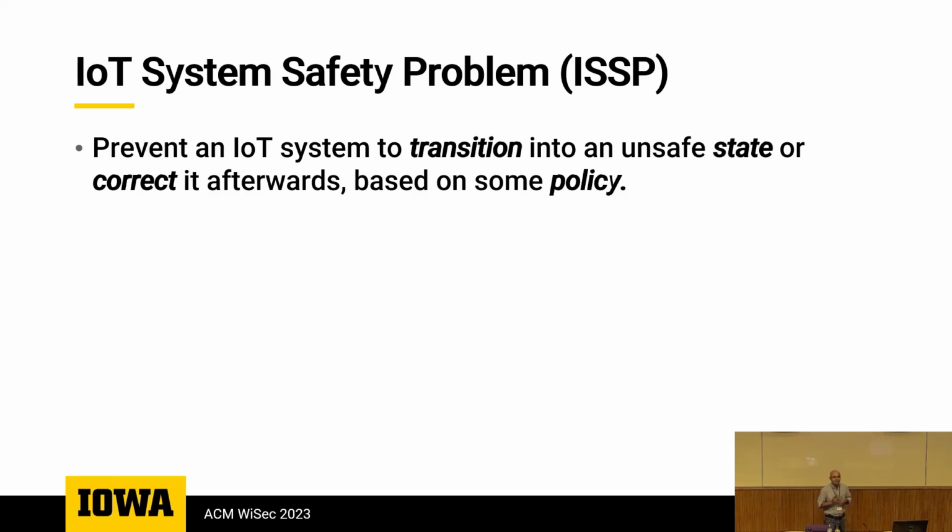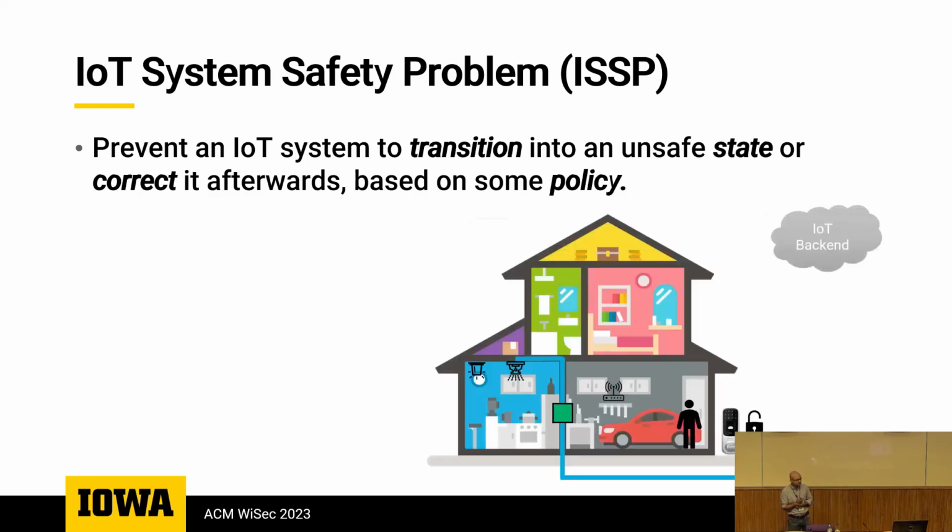Now, you might say, if you can prevent the IoT system from transitioning to a bad state, why do you need to bring it back? Because the state transition can happen due to a human action, like a human switching on the light, and it can start a cascade of issues. Okay?